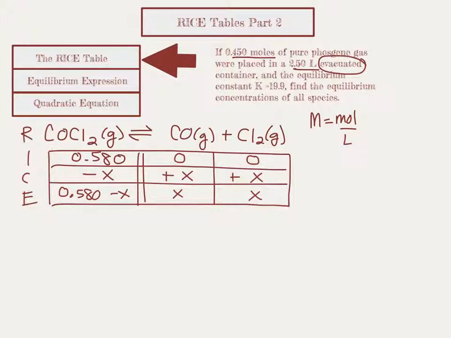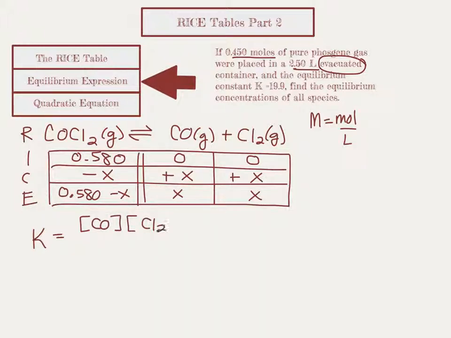Now that I have algebraic expressions for my equilibrium concentrations, I can substitute them into an equilibrium constant expression. The equilibrium constant expression for this reaction will have the concentrations of my products with a 1 for an exponent, so we won't write it, and phosgene gas on the bottom.